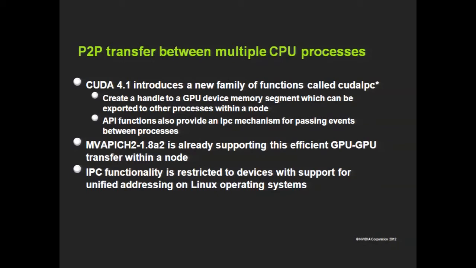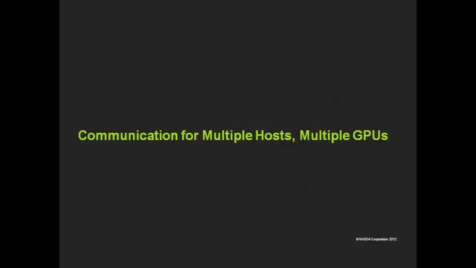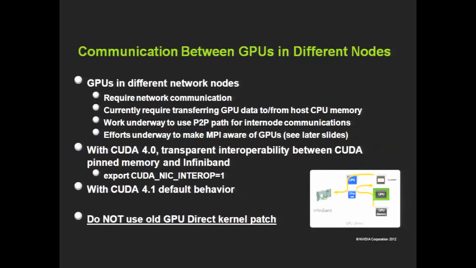In conclusion on the peer-to-peer throughput, you see here some numbers. I already mentioned the throughput when the GPUs are located on the same PCI Express switch: 6.3 and 12.2 gigabytes per second. If you are communicating via the I/O hub chip, the blue line, the transfer rate will be reduced from 6.3 to 5.3 gigabytes per second.